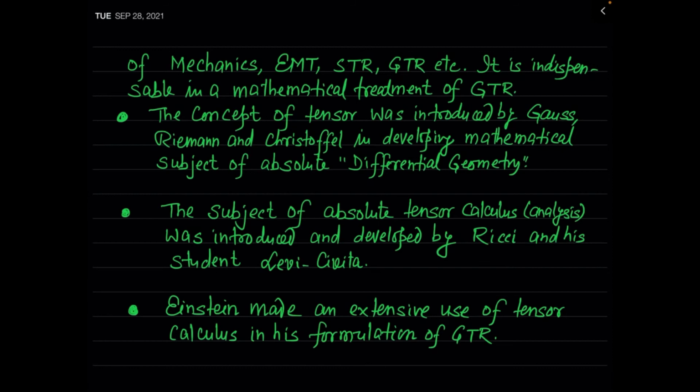And as I have told you, Einstein made use of tensor calculus in the mathematical development of his general theory of relativity. So after the use of tensor in the general theory of relativity, this subject became very popular in mathematics.